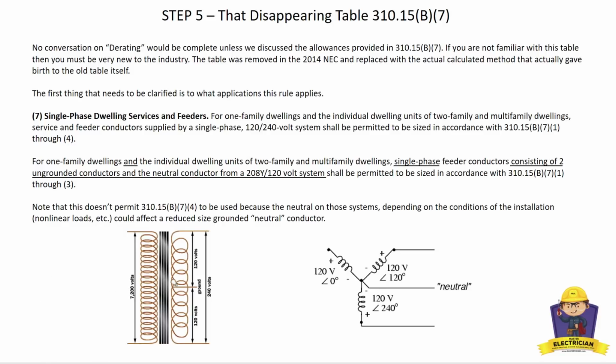Now, the code changed and said, wait a minute, let's also say that for a one-family dwelling and the individual dwelling units of a two-family and multifamily dwelling, a single-phase feeder conductor consisting of two ungrounded conductors and the neutral conductor from a 208/120 volt system shall be permitted to be sized according to 310.15(B)(7)(1) through (3). So in that application, I am able to use the calculation here.